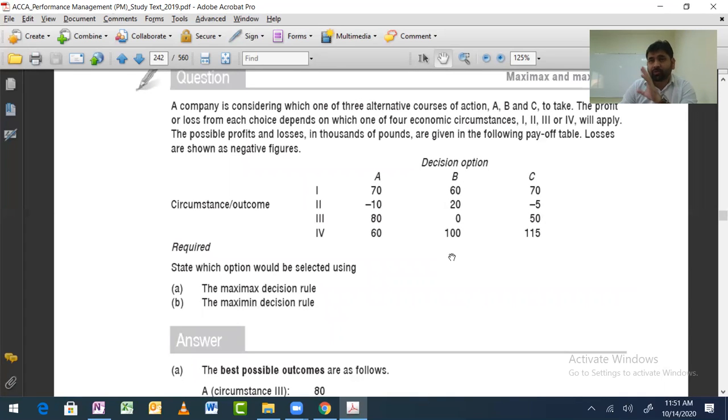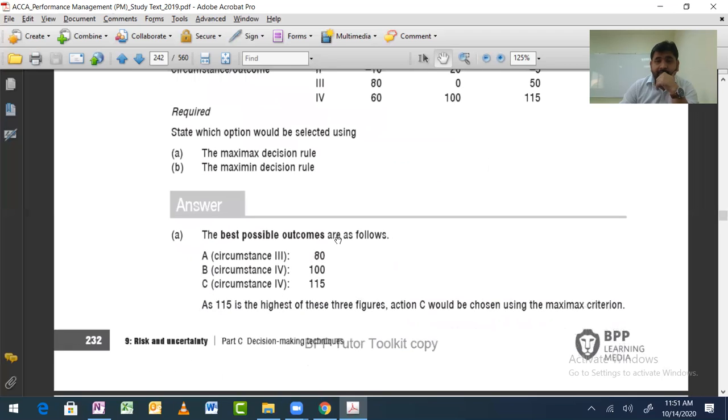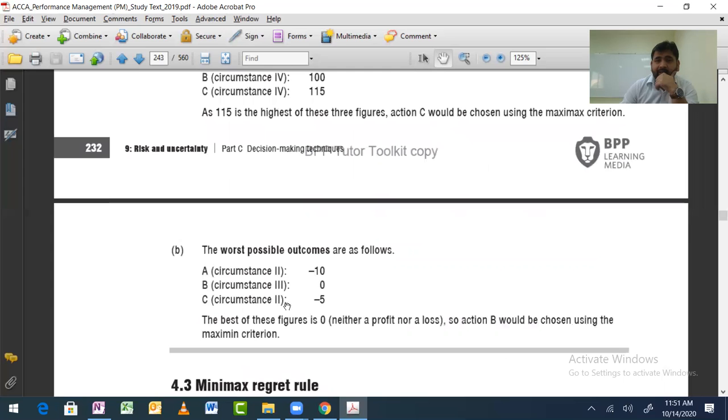Someone who is too afraid will go for B, because if you consider yourself the unlucky guy, you look at the worst case. What is the worst case for B? 0, at least no negative. So they'll go for B. Here the answer is C and the next answer is B. As 115, C is what we'll do, and here B is what we'll do.